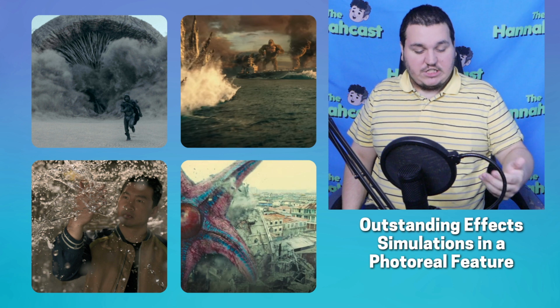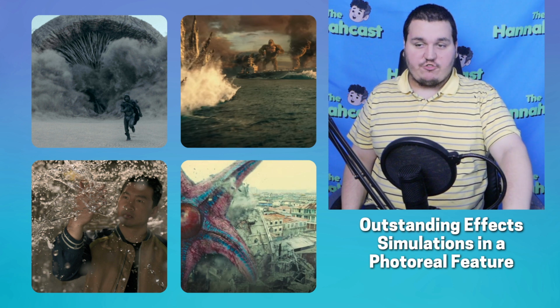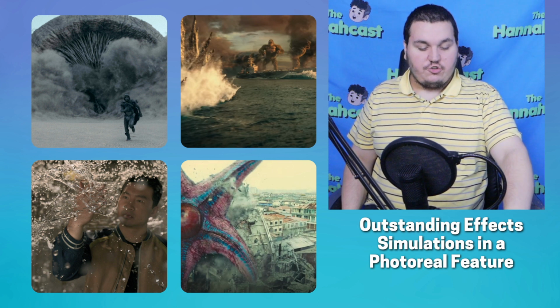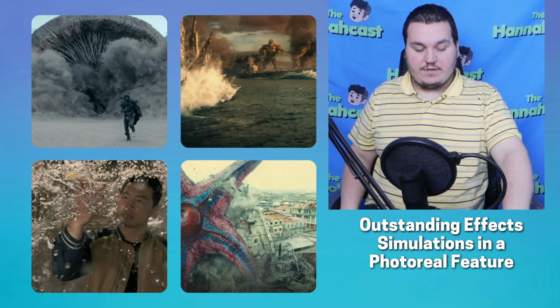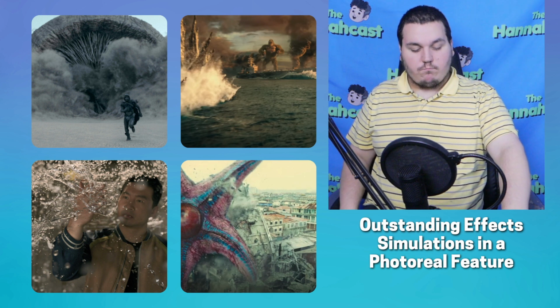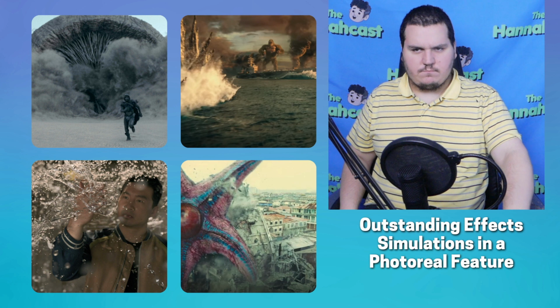And the nominees for outstanding effects simulations in a photoreal feature are Dune for the Dunes of Arrakis, Godzilla vs. Kong for the ocean, water, and battle destruction, Shang-Chi and the Legend of the Ten Rings for water, bubbles, and magic, and The Suicide Squad for Maltese city destruction.